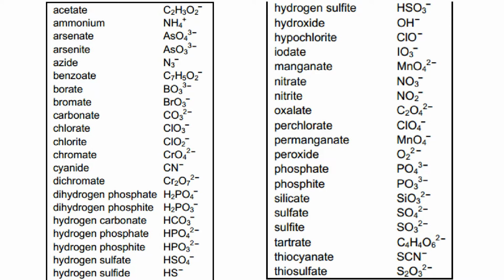Now here's a big list of common polyatomic ions, and if you're in AP chemistry or college chemistry, you need to basically memorize all these different ones. We'll talk in a few other slides about how the naming structure of these usually works.